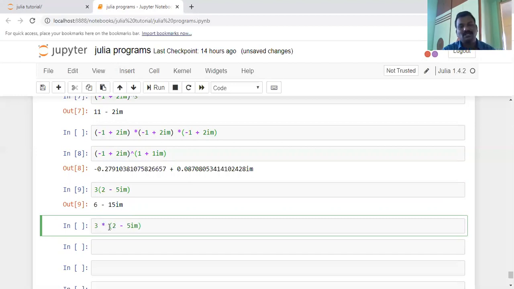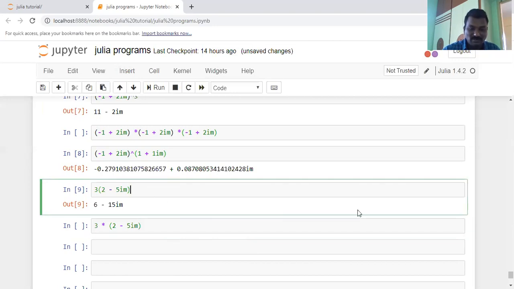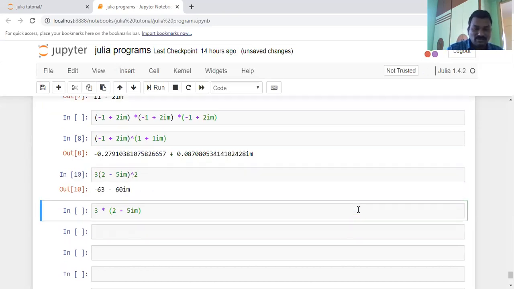Here 3 star that value. Sometimes 3 into, you may consider the cap value. Here 3 into 5i cap, I am taking the cap value also. What is the cap 2? Here you also consider this type of result.